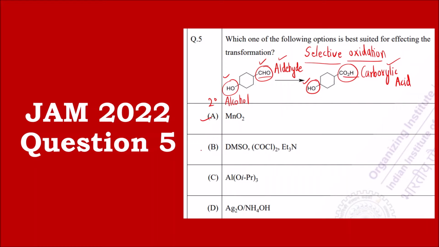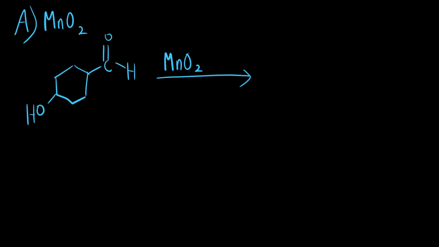Okay, so these are the oxidizing agents that are given. Now what we can do is react the reactant with all the reagents and see what the final product is. The first one is MnO2. This is manganese dioxide or manganese oxide.